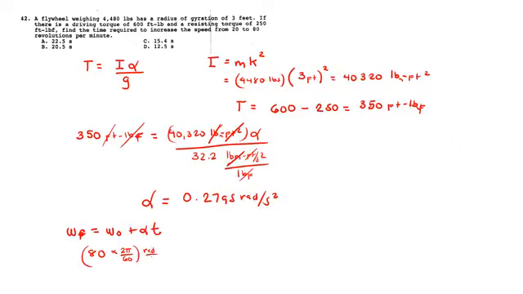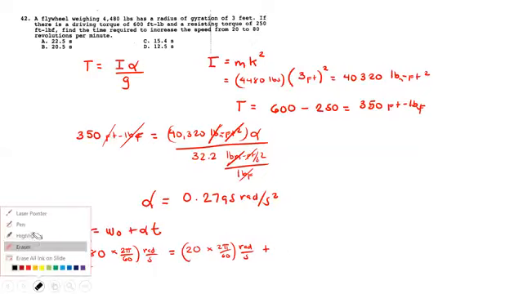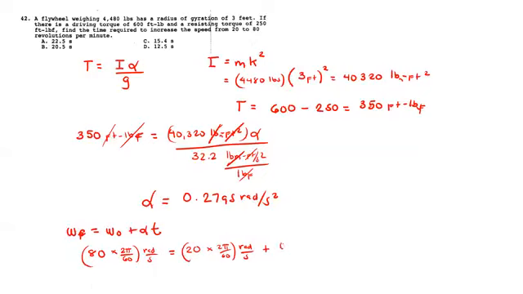Ganun din sa omega zero, ang omega zero natin 20 times 2 pi over 60, plus alpha. Ang alpha natin is 0.2795 radians per second squared times time na hinahanap. Makuha natin time dito pag shift solve natin.